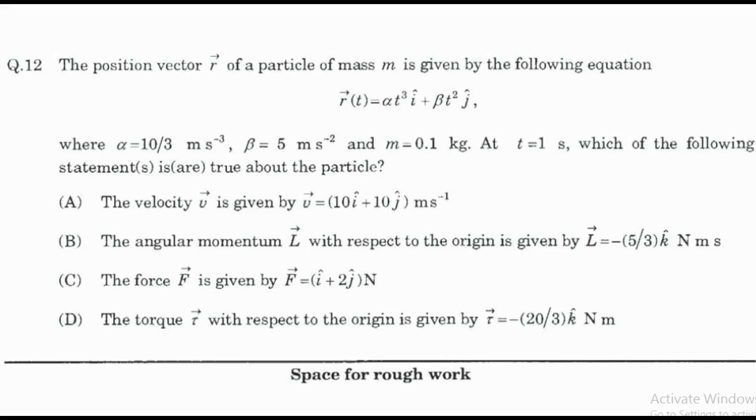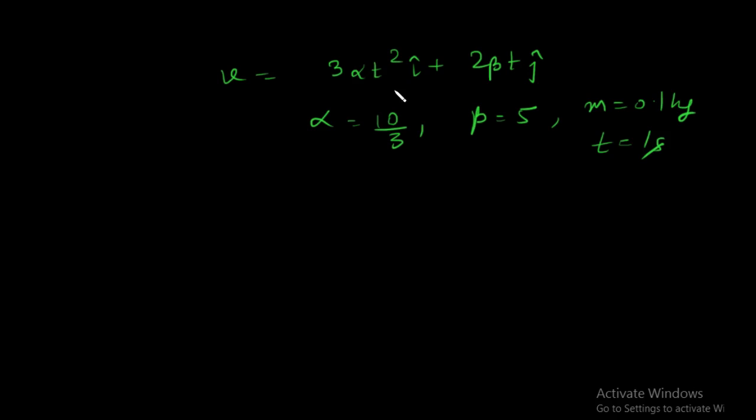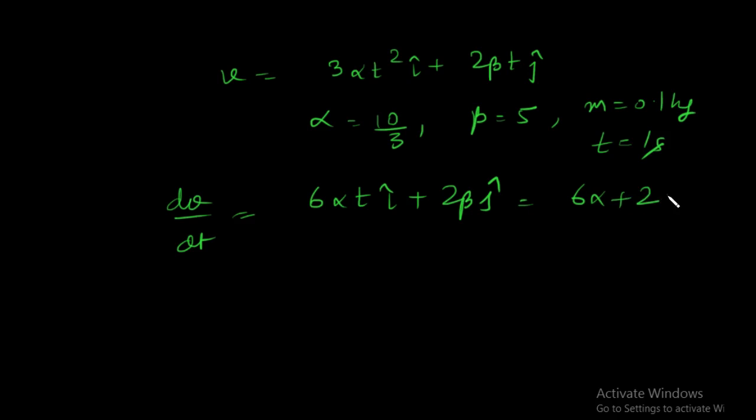Now we'll have to find the force. So this was velocity. We just differentiate the velocity to get acceleration. dv by dt would be equal to 6 alpha t I plus twice beta j. At t equal to 1, it would be 6 alpha I plus twice beta j. So this is the acceleration, and for finding force, we just multiply it with mass.